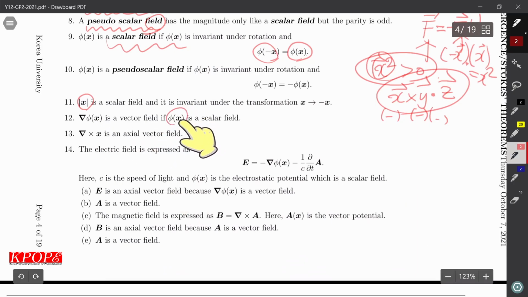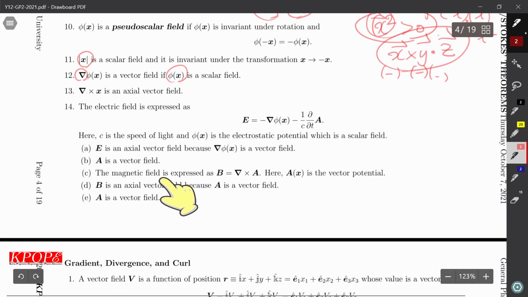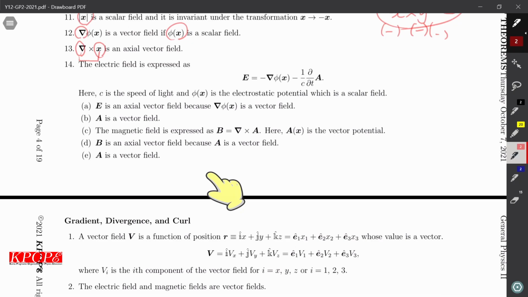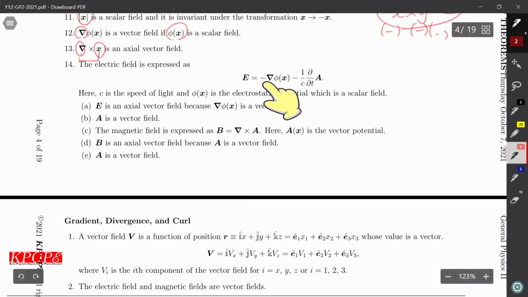If phi is a scalar, the gradient is a vector. This is a vector and this is a vector. The cross product of two vectors is an axial vector. For the electric field, we only studied that the gradient of the electrostatic potential gives the electric field.